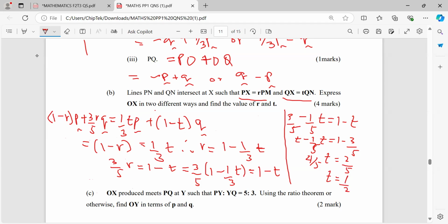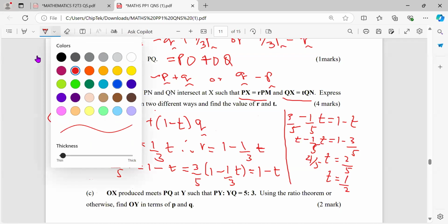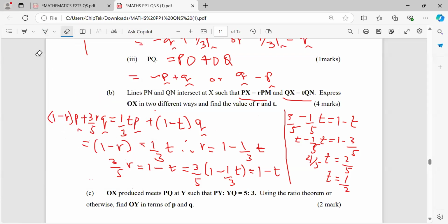Sawa. Na R, let me make it another color so that iwe rahisi. So pale ambapo kuna T we substitute, waeka nini? Waeka a half.